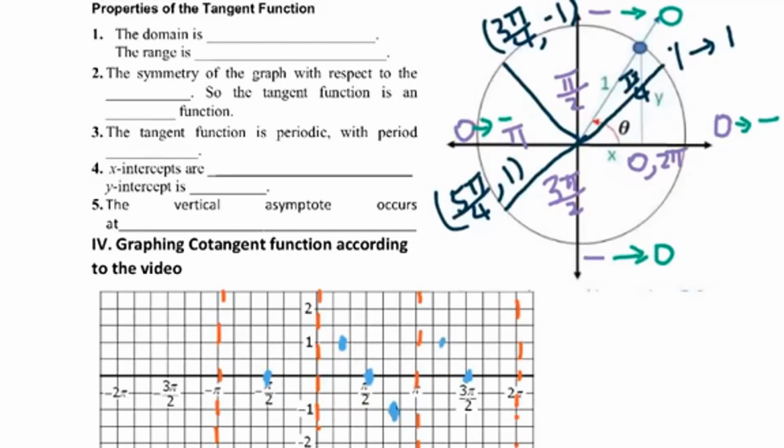Now I connect these points. You will get it like this. According to this pattern, you can get a graph over here like this one. Very close to that asymptote line, but never touching.